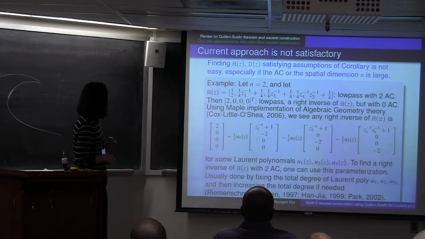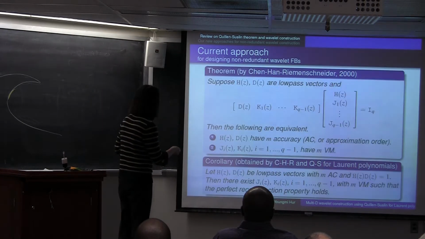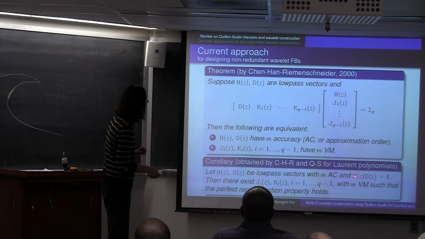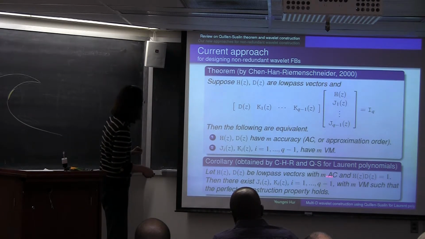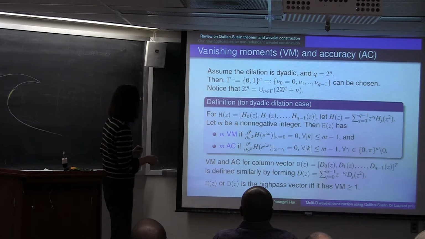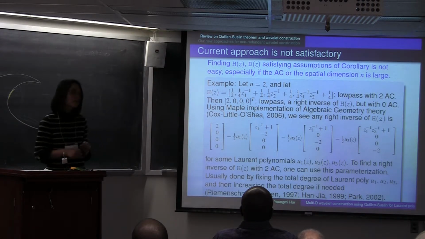Okay? So, and remember the conditions of h of z and d of z. Here, these are the conditions. N equals 2, and h of z, d of z, we want it to have this inverse property, but also two accuracy conditions. So in this particular case, finding a right inverse of h of z is a piece of cake.